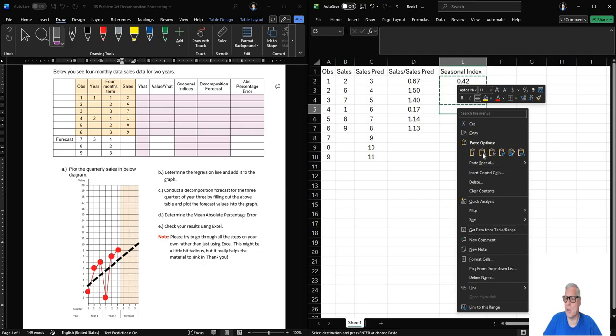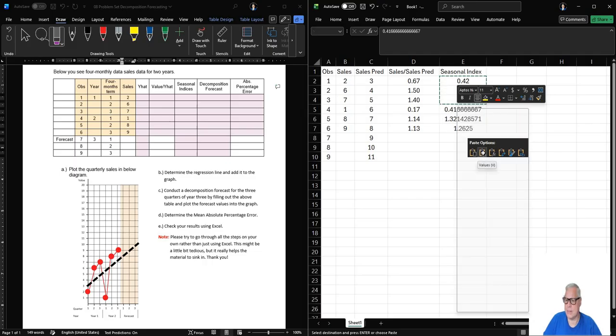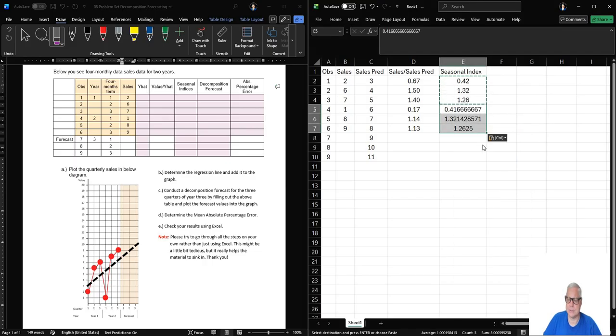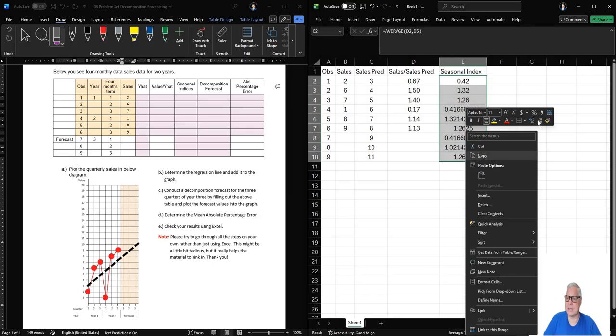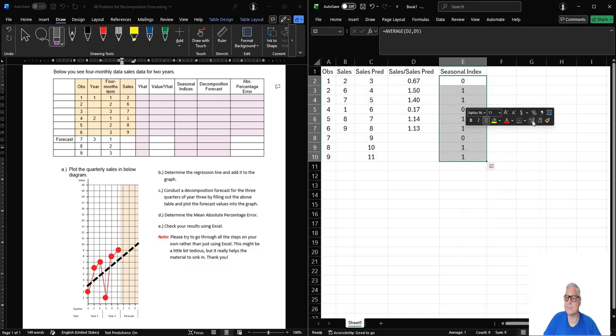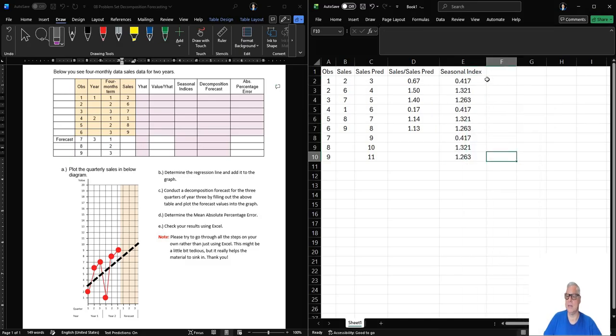So now when I copy this one, I need to make sure that I paste values, and then I copy this again for the next year, and then I remove again some of those decimals and limit it to maybe 3. It's good enough. Okay, so now we know the seasonal indices and how they relate to the linear trend line.